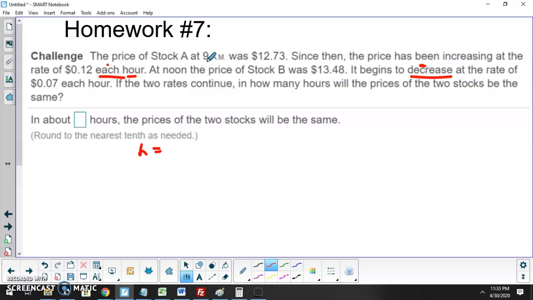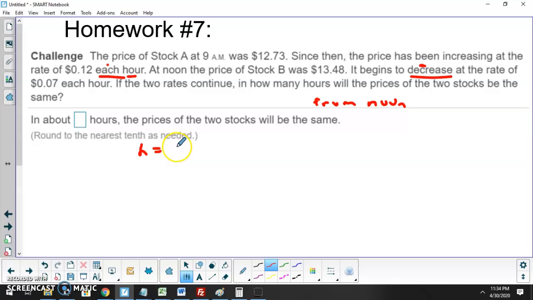Are we starting counting hours from 9 o'clock or hours from noon? Well, it's not really super clear, but we're talking about hours from noon here. And how many hours from noon will they be the same? All right.